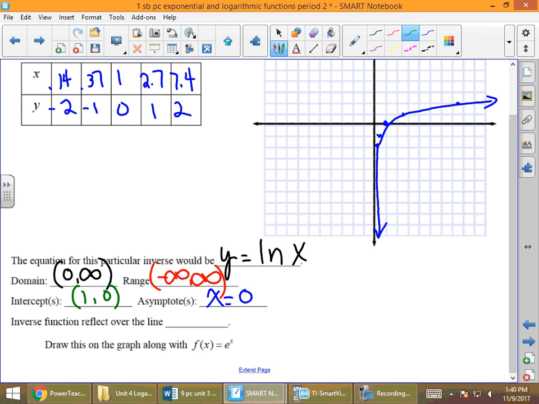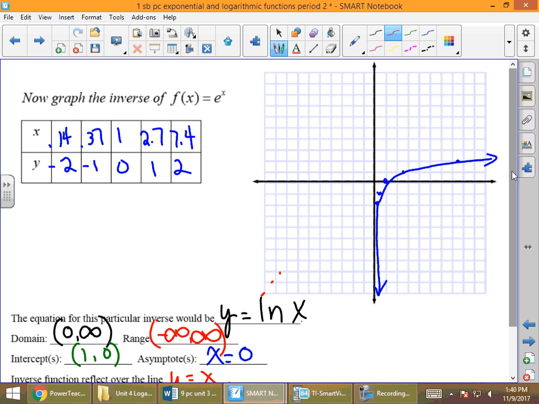And then lastly, at this part here, it says inverse functions reflect over the line. Well, it's still the same one as before, which is y equals x. And that line, again, goes from the lower left-hand part of the graph to the upper part of the graph. And we can put our earlier picture on here as well, so we can really have a visual picture of the idea that they reflect over.